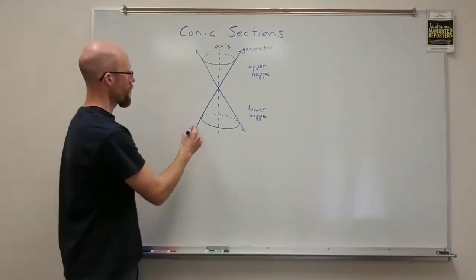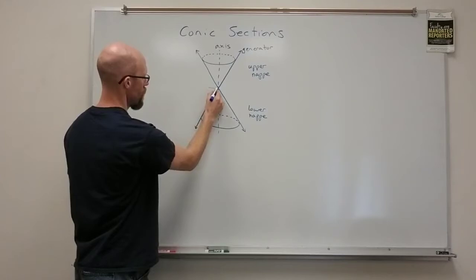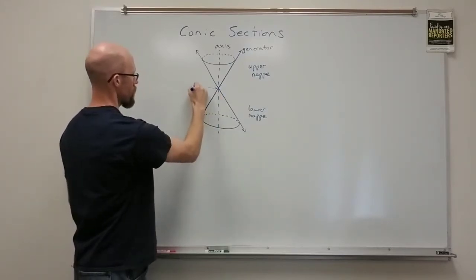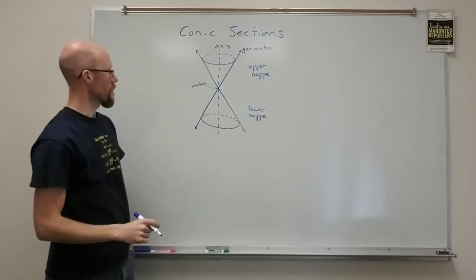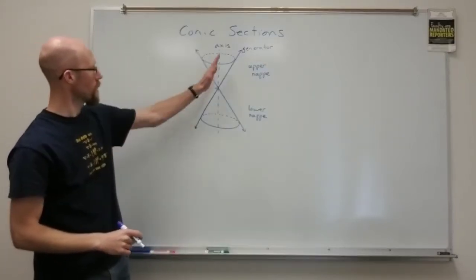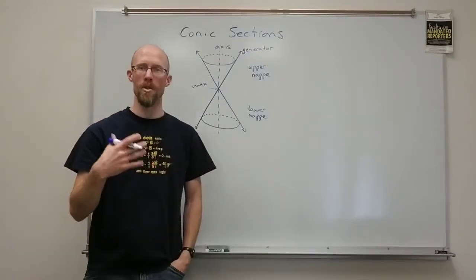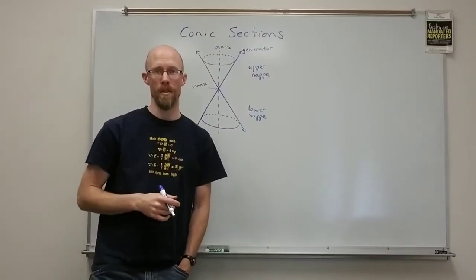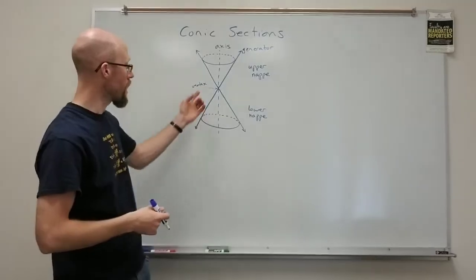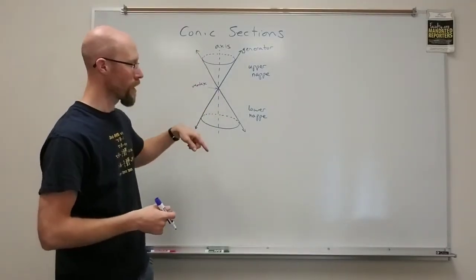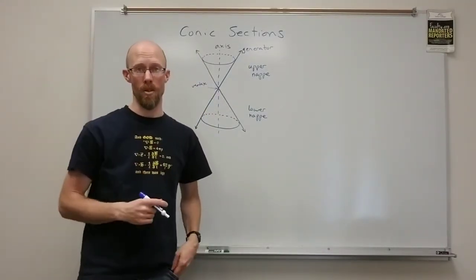And the fixed point in the center is called the vertex. And of course, every line on the surface of this cone is called a generator, okay? Because any line, it doesn't matter which line, could be used to generate this cone, all right?